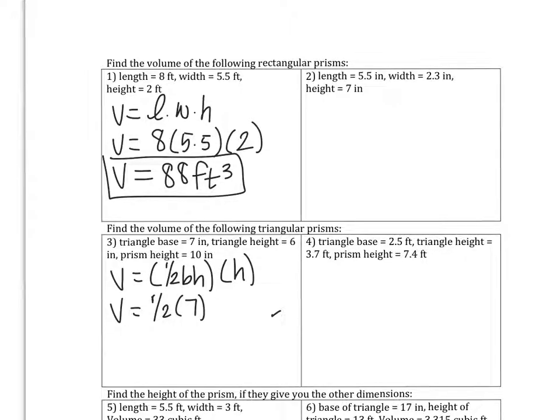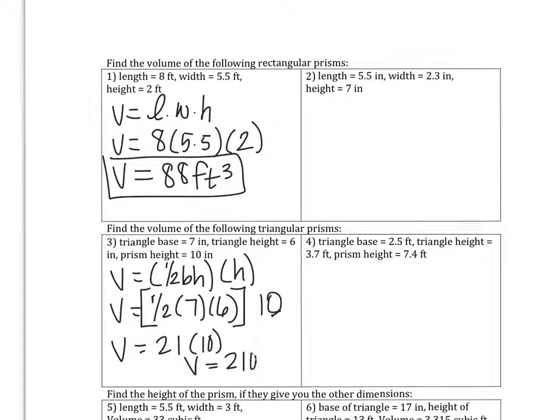The triangular height is 6. And these together, this is going to be the area of the base triangle. And we're going to multiply that by the height of the prism, and that's going to be 10. So we have volume equals 21 times 10. Volume equals 210. Let's see, our units are in inches cubed.